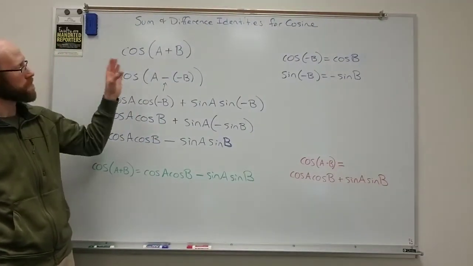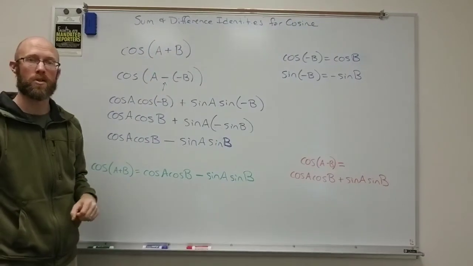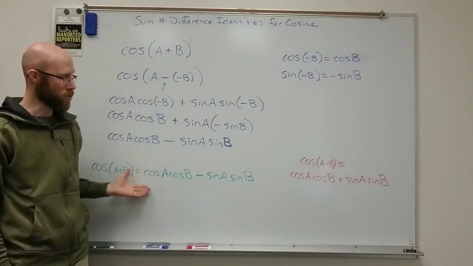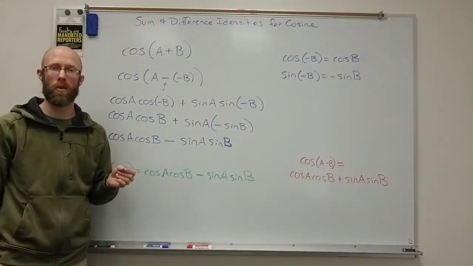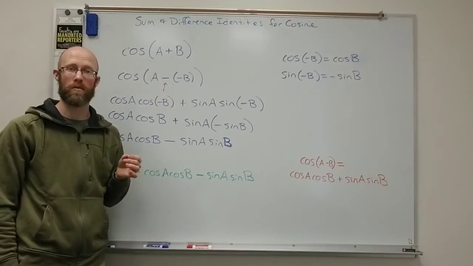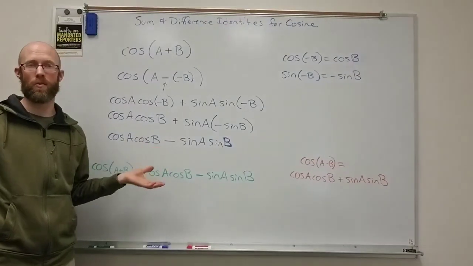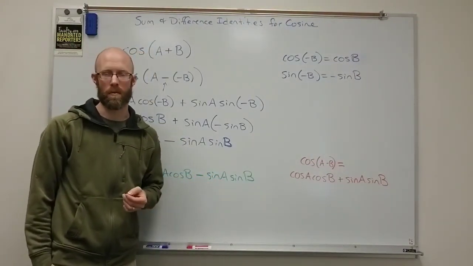This whole section is basically based around those two formulas. So in the following videos, we're going to go through some examples that use these two formulas to either derive other formulas or to find other trig function values of angles that we don't already know, things like maybe 15 degrees or something like that.